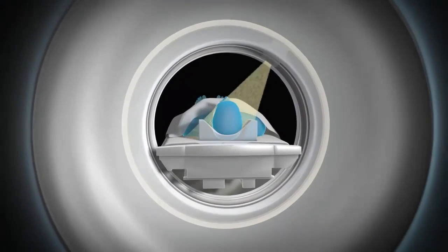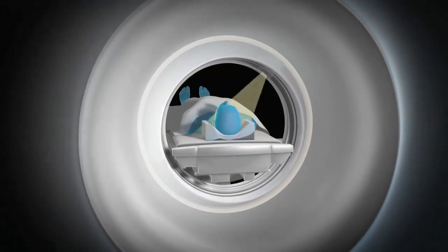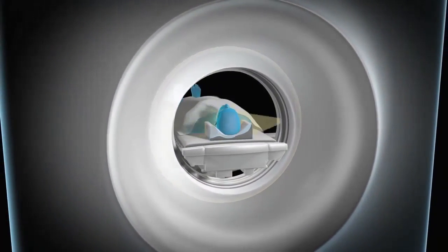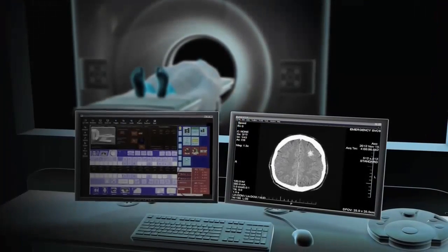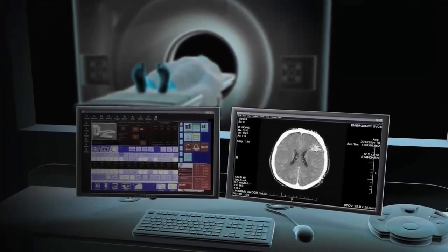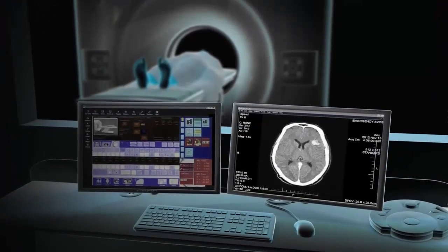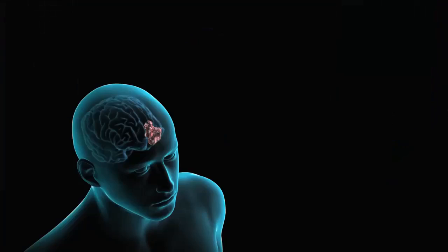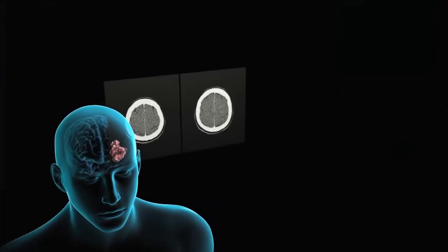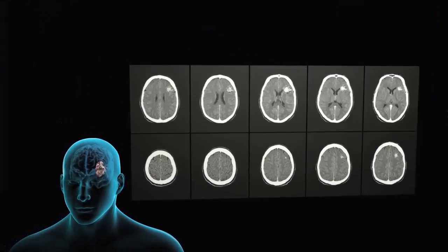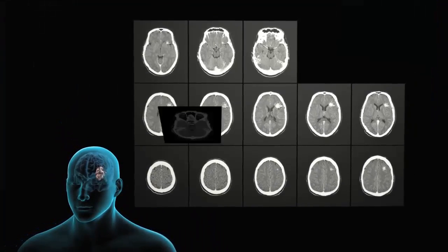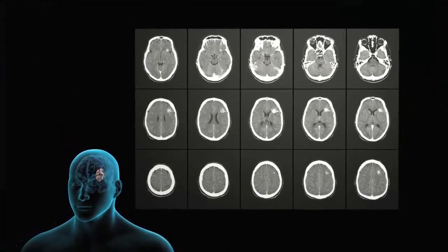The X-ray beams will capture many views of your body from different angles as the gantry spins. The detectors will send data to a computer that will create cross-sectional images of the bones and soft tissues inside your body. The scan allows your doctor to see the location of a condition inside your body, which will help them decide how to treat it or to see how well your treatment is progressing.